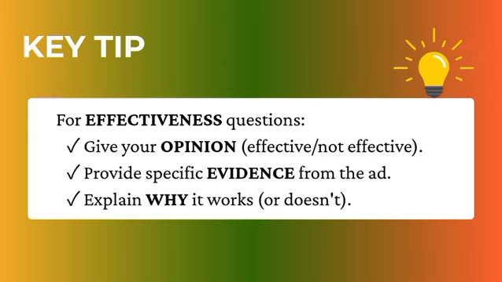Here's a key tip for effectiveness questions. Always structure your answer as opinion, evidence, and justification. Give your opinion first, back it up with specific examples, then explain why those examples prove your point. This works for any evaluation question.